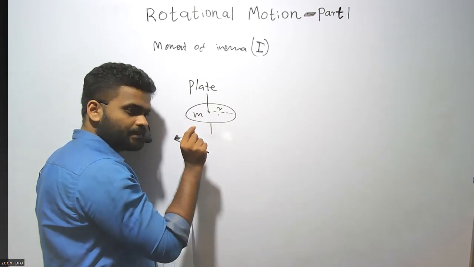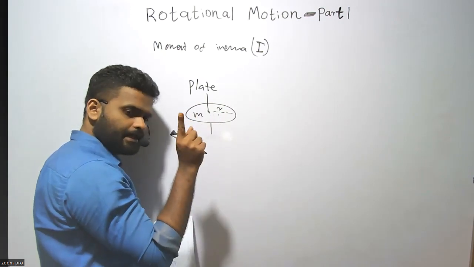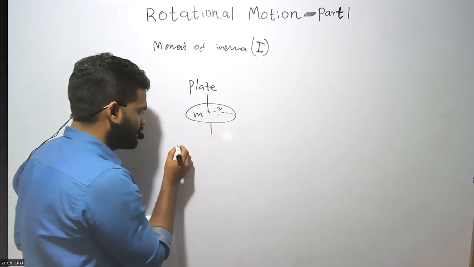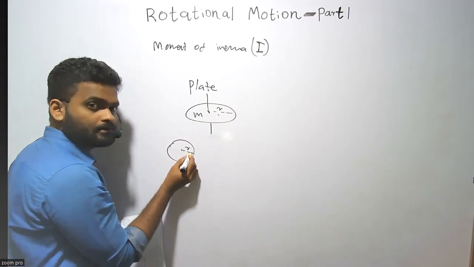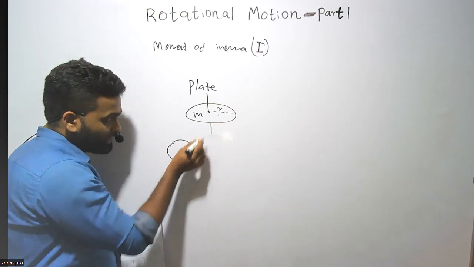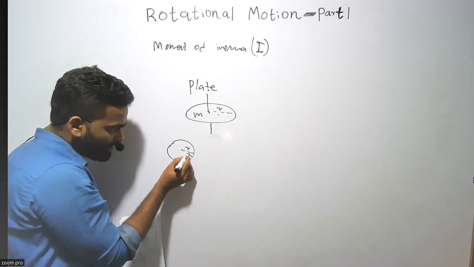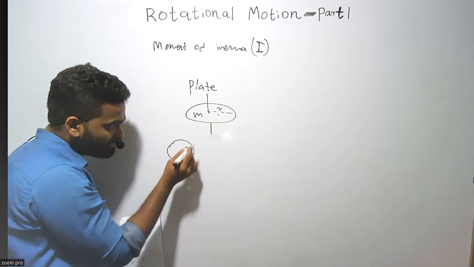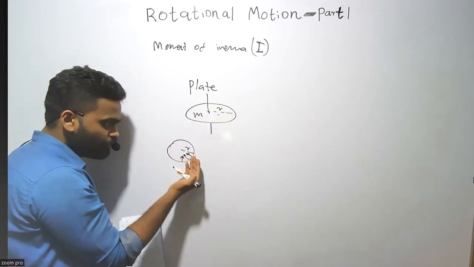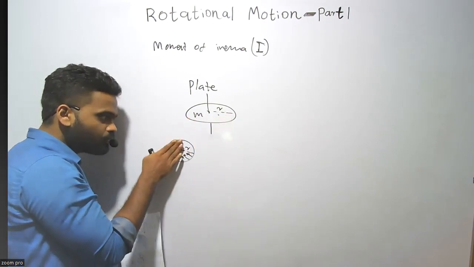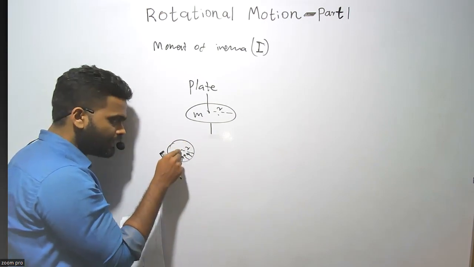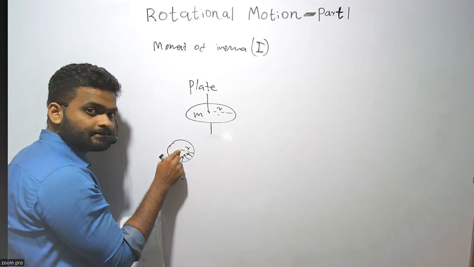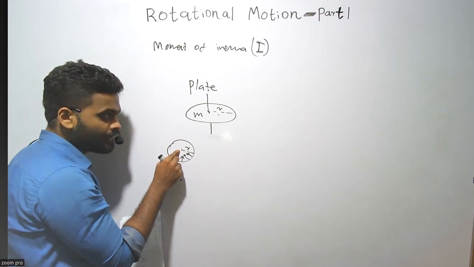So the moment of inertia here should be less than for the ring. For the ring, all the particles were at a distance r. But here, in order to make the plate, these particles have moved throughout the plate, meaning they have gotten closer to the rotational axis.